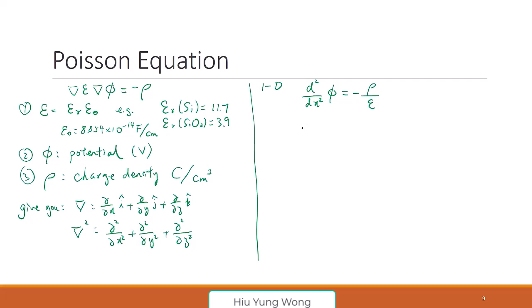What is the relationship between electric field and the potential? Can someone tell me? Electric field is the gradient of the potential, and the negative gradient. This is something you need to memorize, right?